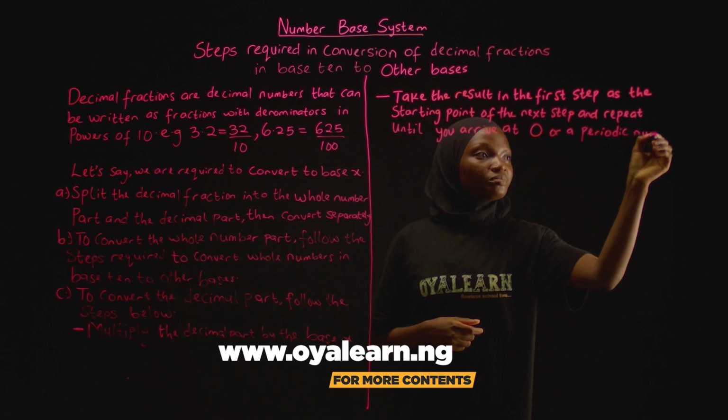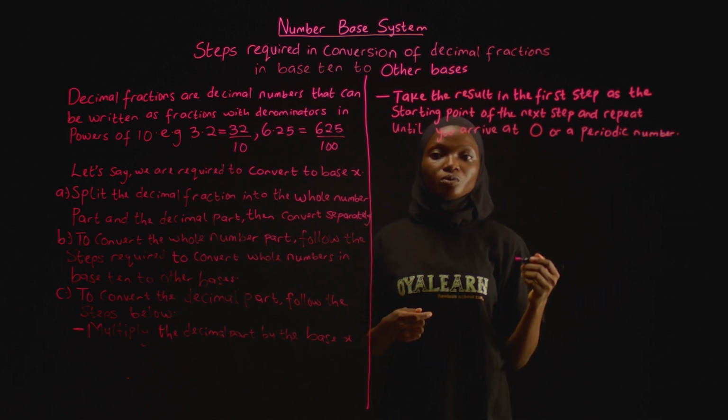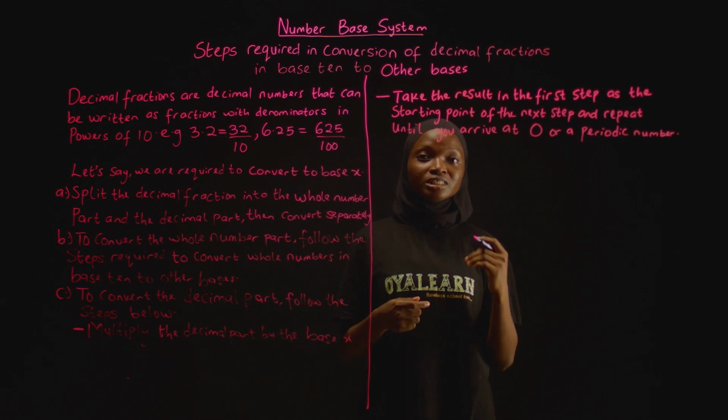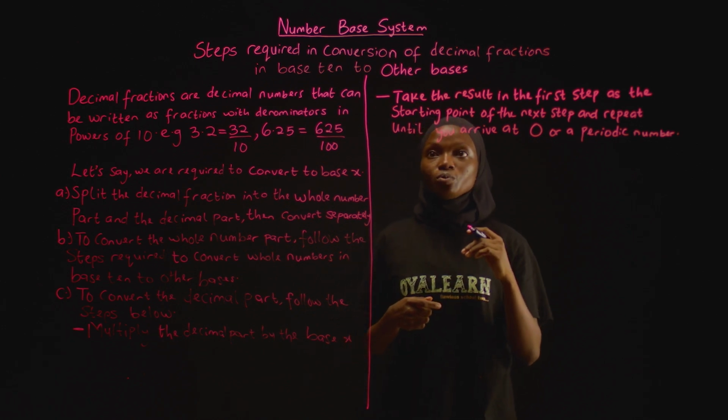The periodic number here means a recurring number. Let's say you get 3 in the first step, you did it again and you're getting 3, so we can stop at that point.